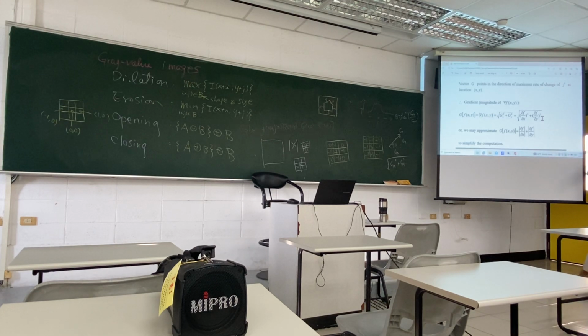So if your image is 1K by 1K, you need to make 1 million squares and 1 million square roots. Even with the PC nowadays it is still very fast, but this is even faster.